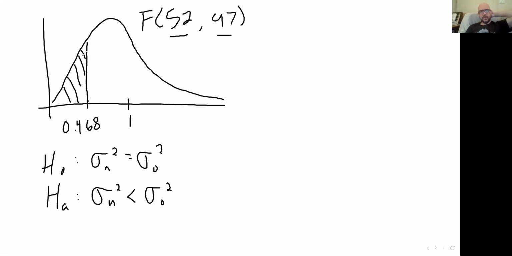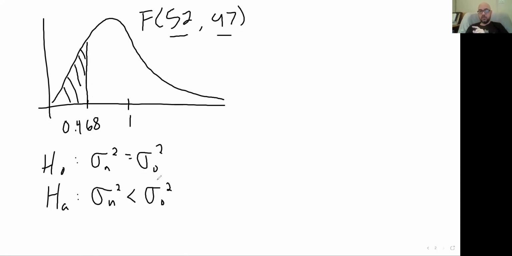This is the probability that if the null hypothesis is true, where they have the same population variance, so these two machines have the same population variance, then this area over here is where I would see an F statistic as extreme as the one that I got, which is 0.468, or that is more extreme.